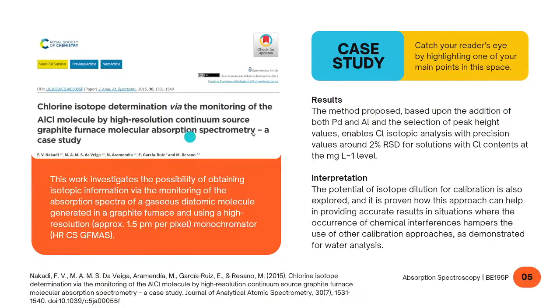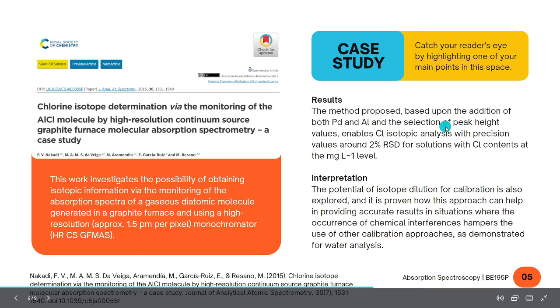For specific examples, here we have a case study entitled Chlorine Isotope Determination via the Monitoring of the AlCl Molecule by High-Resolution Continuum Source Graphite Furnace Molecular Absorption Spectrometry. In this case study, the atomic absorption spectroscopy instrument is used to investigate the possibility of obtaining isotopic information using AAS on the gaseous diatomic molecule generated specifically in a graphite furnace and a high resolution monochromator.